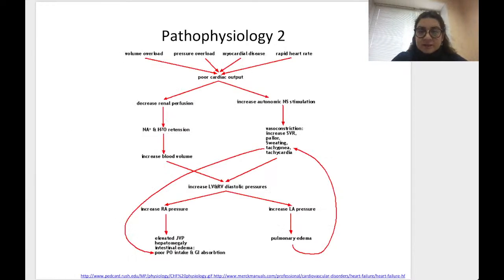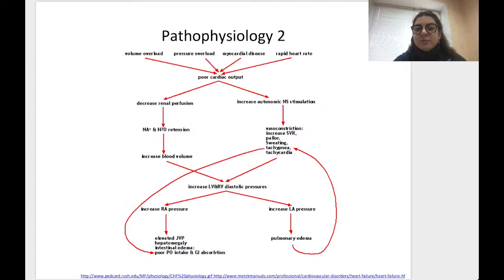Here you see a scheme of the main pathophysiological ways of progression of heart failure. What are the main factors that lie at its base? It is volume overload in hypervolemia. It can be pressure overload due to hypertension. It can be myocardial disease: ischemic heart disease, myocarditis, cardiomyopathies.